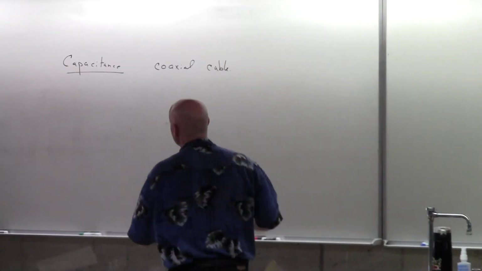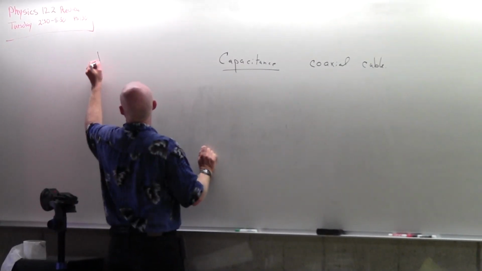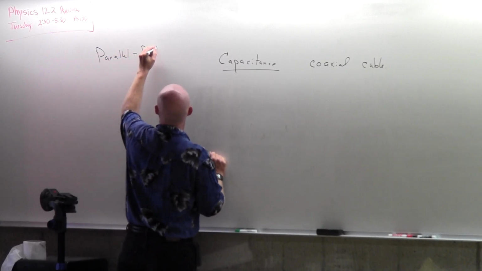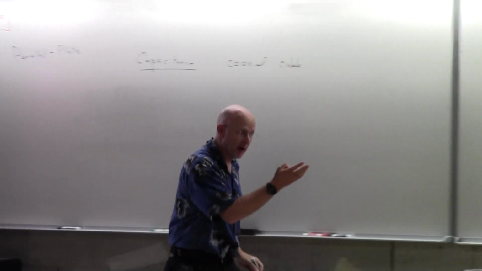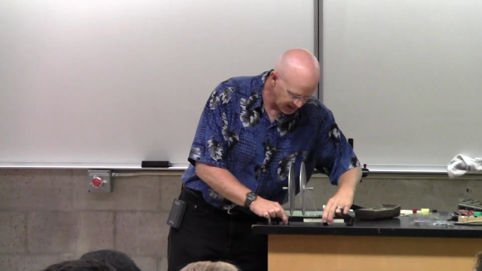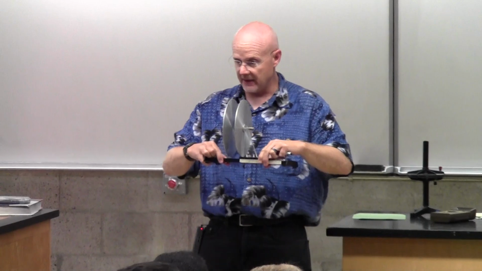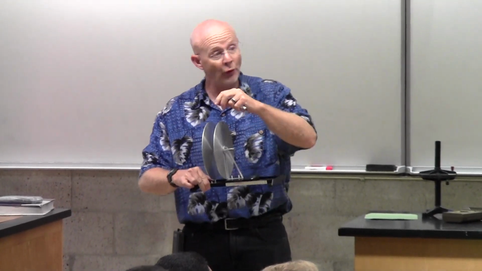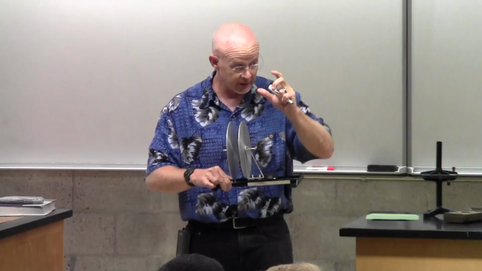In fact, maybe I should put that way over here. When we left, we had a parallel plate. And so I brought my parallel plate out here again to physically illustrate the idea of a capacitor. You've got two metal plates, and if you move charges, a bunch of electrons, from one plate over to the other, one will be positive, one will be negative.